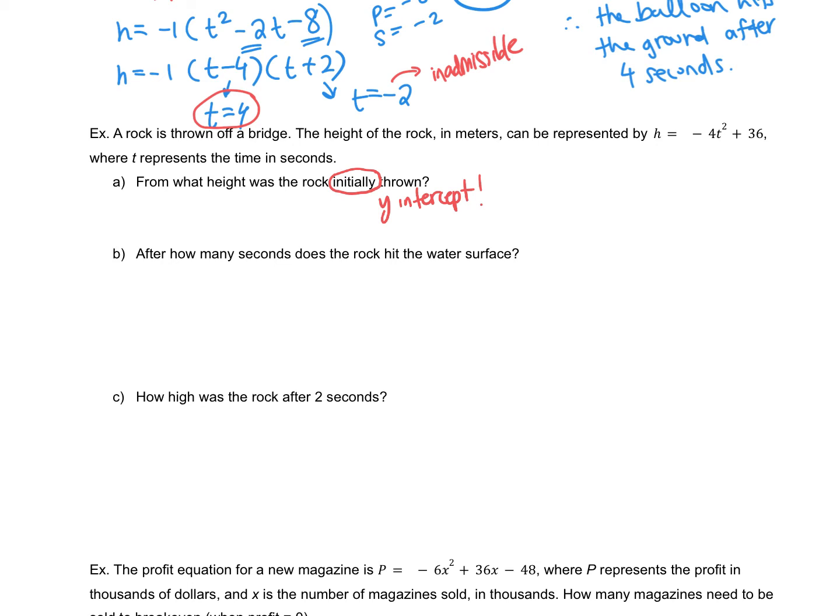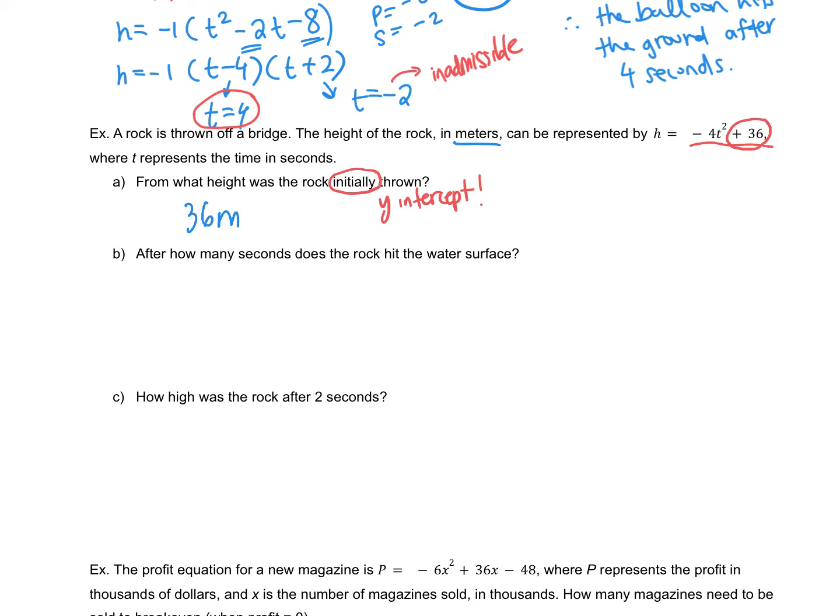Now, when I look at this equation, be careful. There's only 2 terms, so the last term might not necessarily be a constant. However, the 36, it's not attached to any variables, so it is our y-intercept. And our units are meters, so the initial height was 36 meters. So that means the bridge might be 36 meters tall at that point.